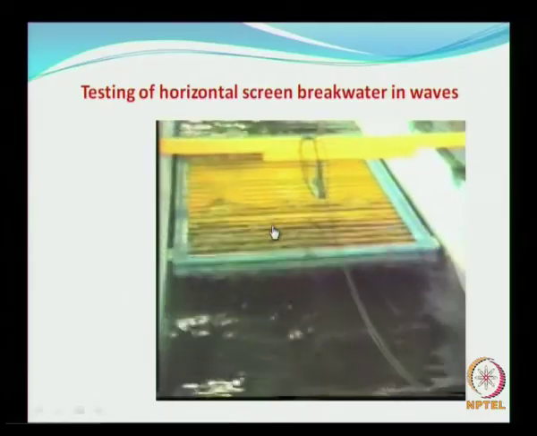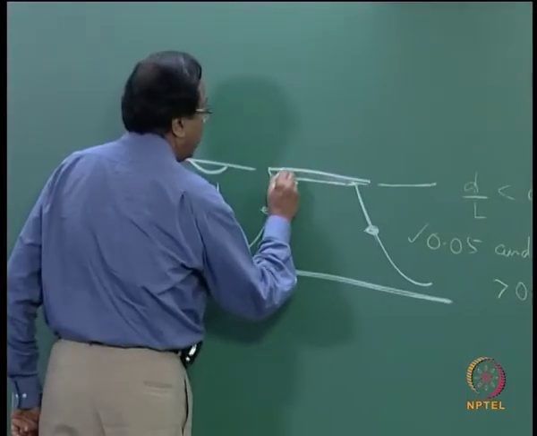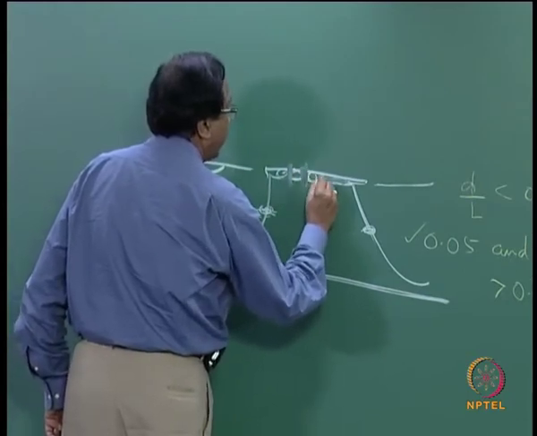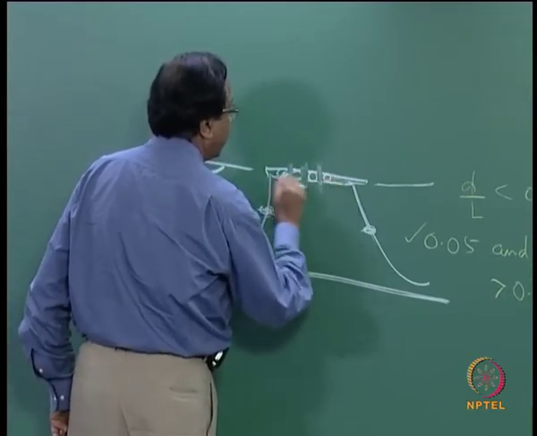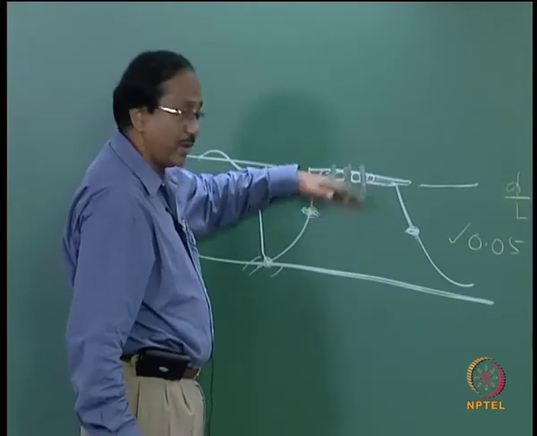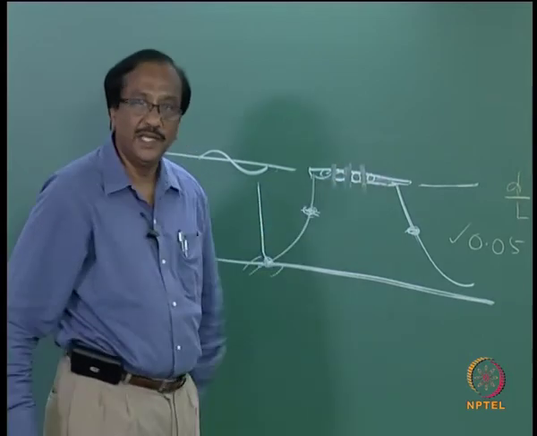The reason is, when you have pipes here, you have a porosity being created, and this is going to allow the waves to penetrate through the porosity, thereby dissipating the energy.